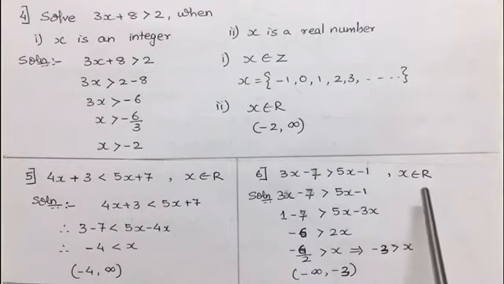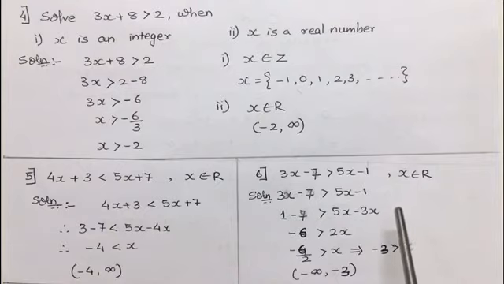Again it is to be calculated for x belongs to R. Solving it similar to the way we used to solve the equation. 3x is shifted to the other side, so we get 5x minus 3x, and minus 1 shifted to the other side becomes 1 minus 7 greater than 5x minus 3x. 1 minus 7 is minus 6, greater than 2x.